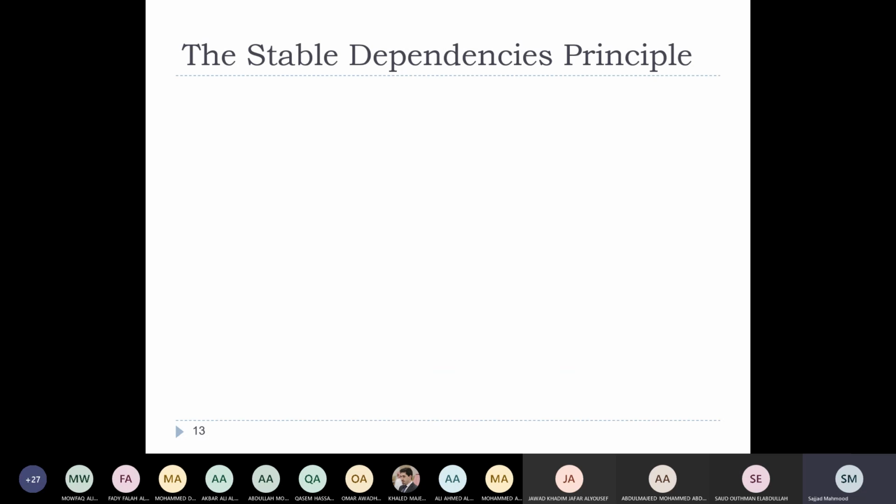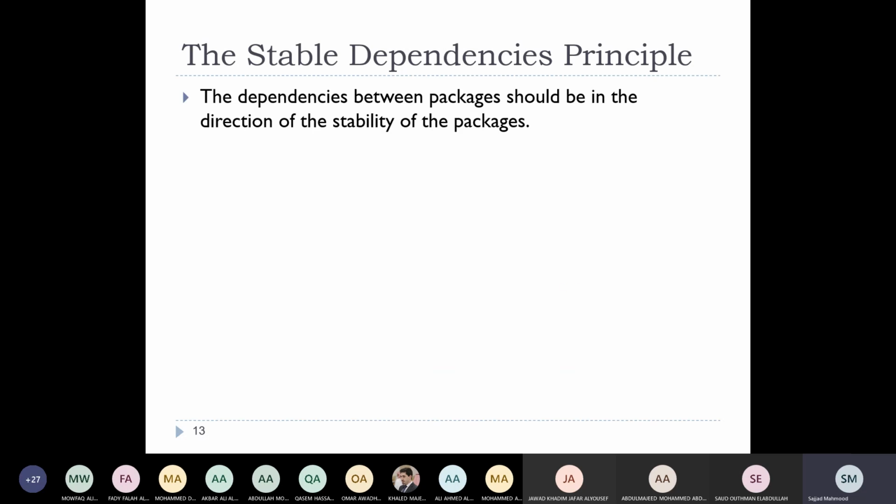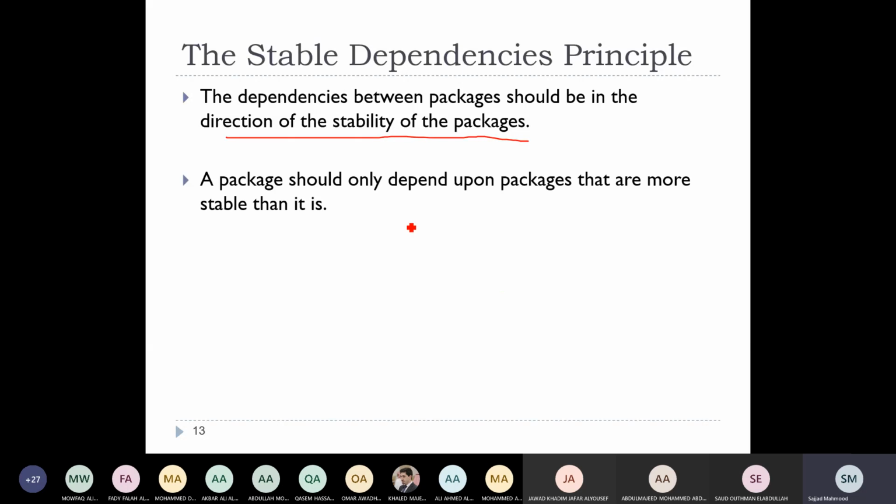Pay special attention here, because this is a slightly different concept. What we're saying is that the dependency between packages should be in the direction of the stability of the packages. In other words, only depend on packages that are more stable than you are.